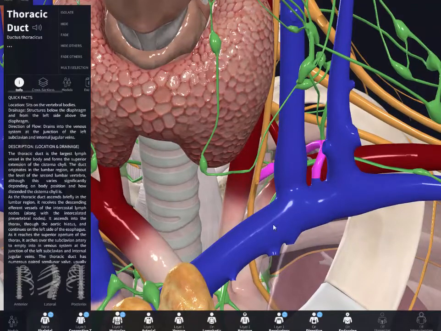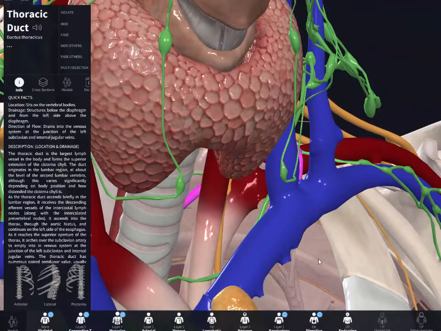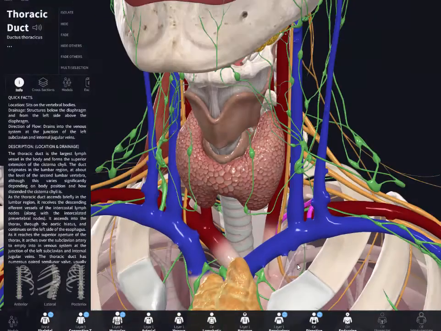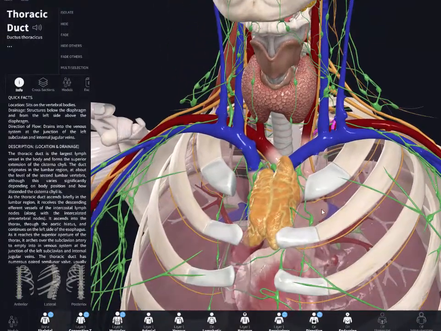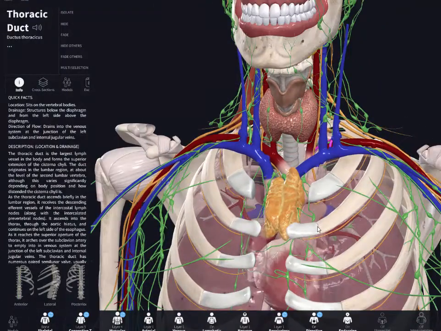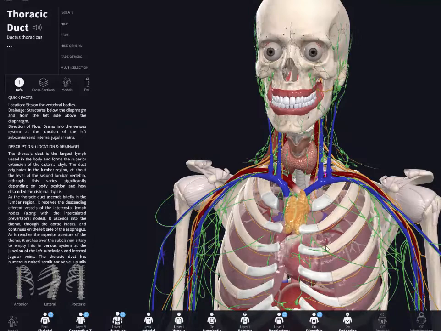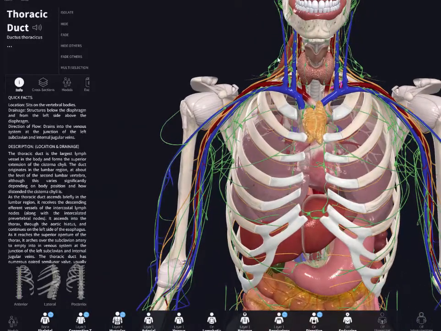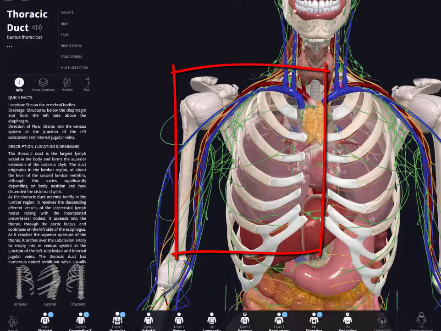So these are the major lymphatic routes by which lymph is returned to the venous system, although important to note that the thoracic duct drains the vast majority of lymph of the entire body, whereas the right lymphatic duct only drains the right upper quadrant. That includes all of the right upper limb.